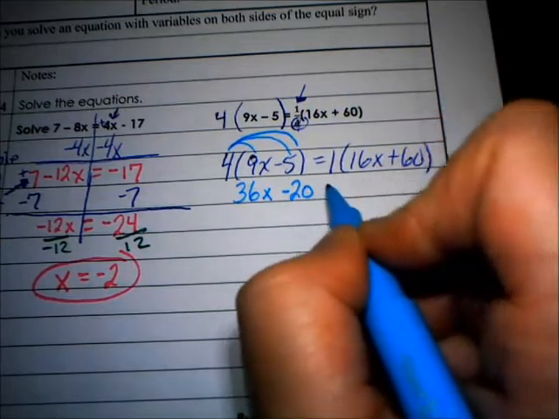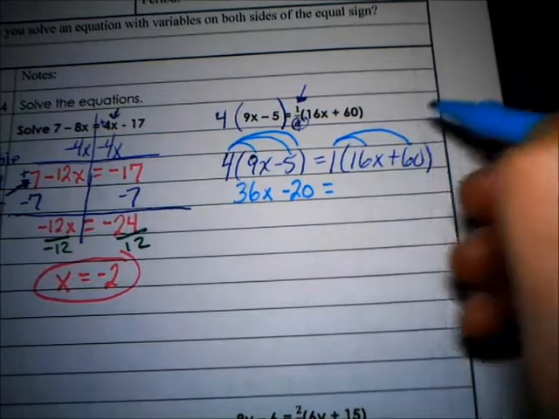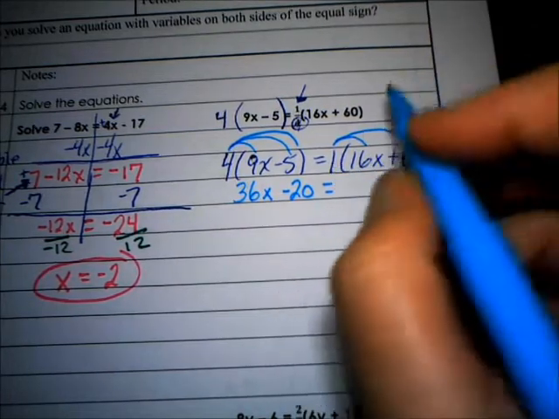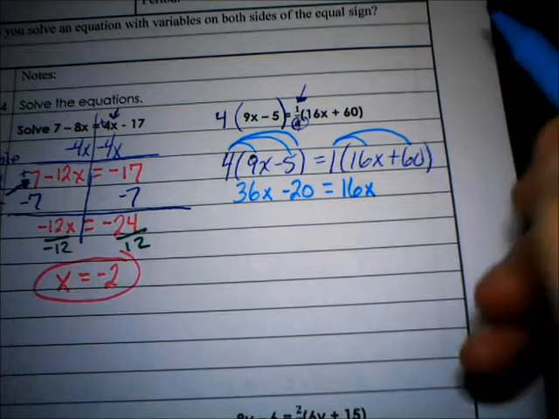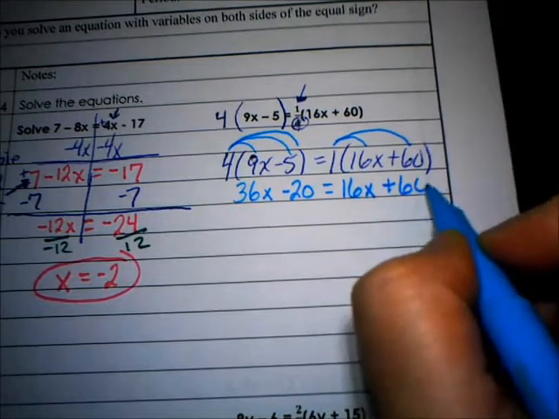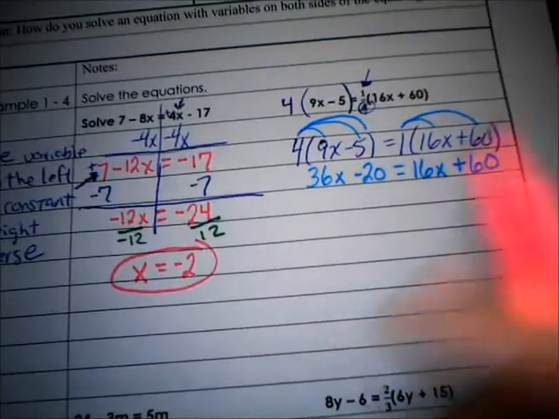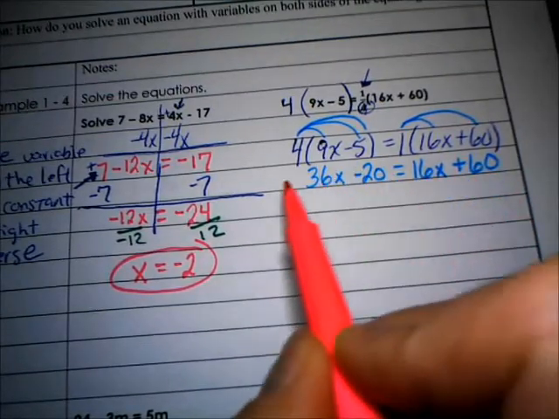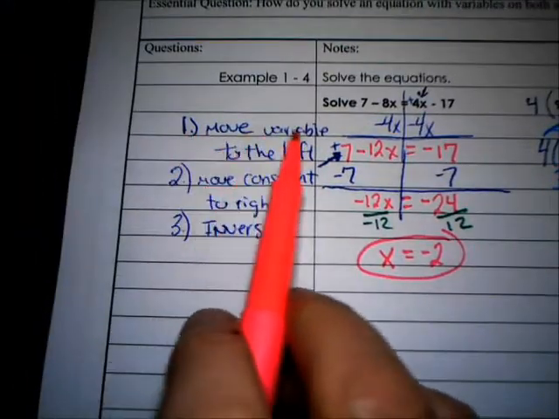1 times 16x is 16x, and then 1 times 60 is still 60. Now, since my problem does not have any parentheses or fractions, I can go to my steps. First thing is move the variables to the left. If I look here, the 16x needs to move over here with the 36x.